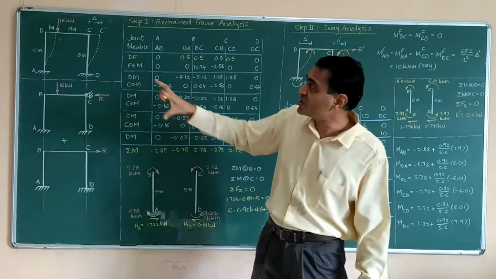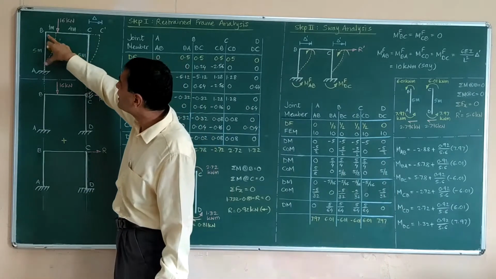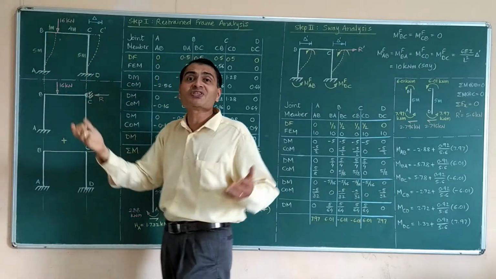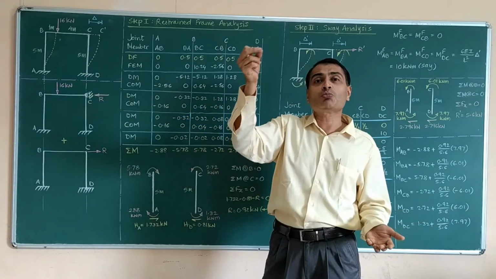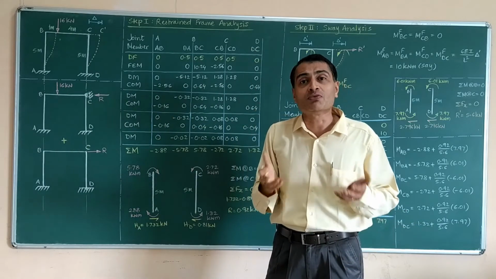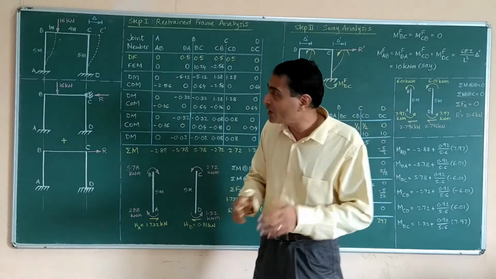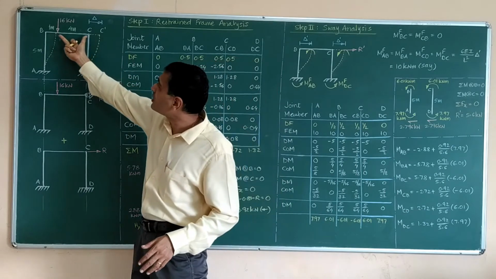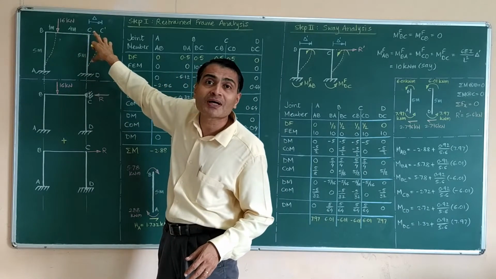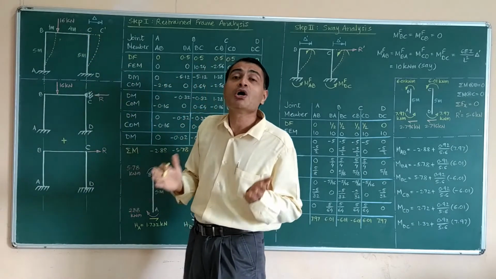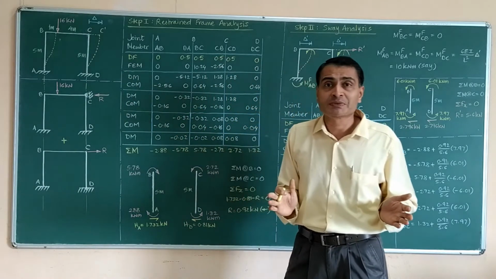Why? Because the stiffness factor for BA and stiffness factor for BC are same. So it is going to be 1 upon 2, that is 0.5, 1 half. Similarly, distribution factors for CB and CD are going to be the same, 1 half and 1 half.